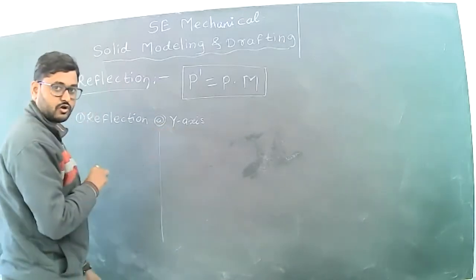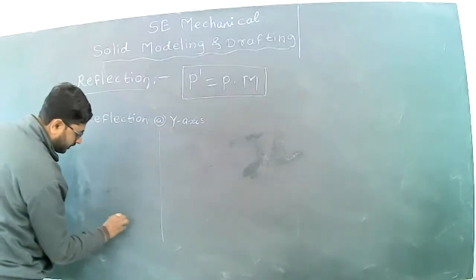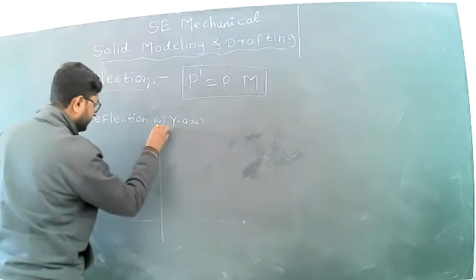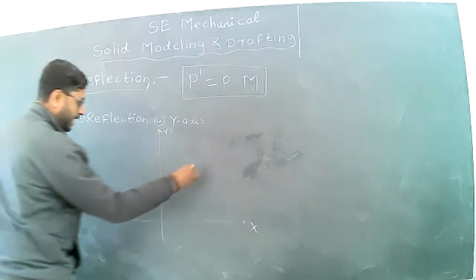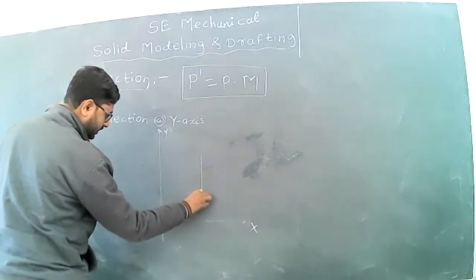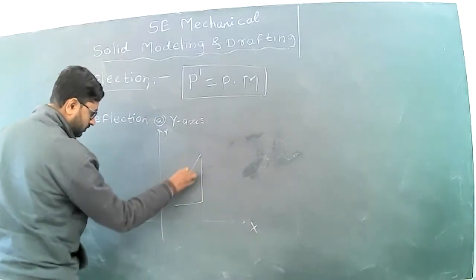So for example, just draw xy coordinates here, y, x, and suppose we take the example of a triangle.